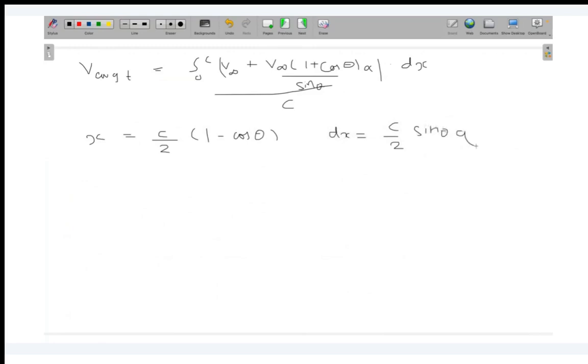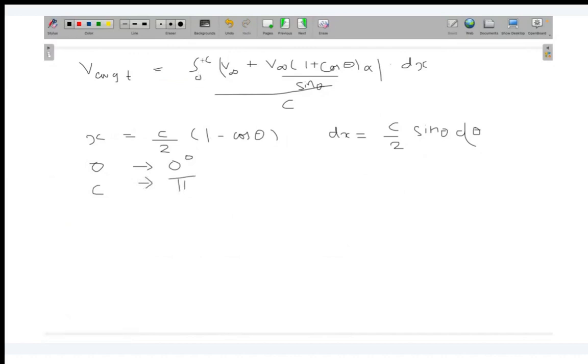And my limits: if I substitute x as 0, I'll find my theta to be 0. And if I substitute x as c, you can substitute the limits and write it out. It's very trivial. Then my theta will turn out to be pi. So now the limits of the integration would change from 0 to pi.